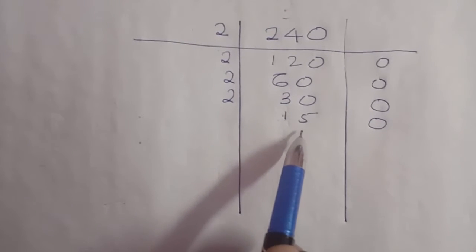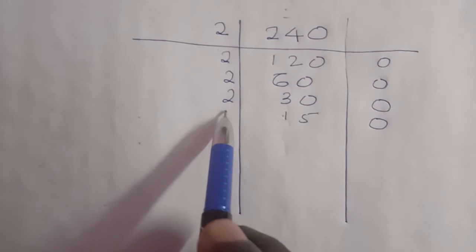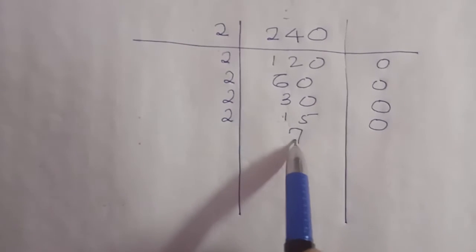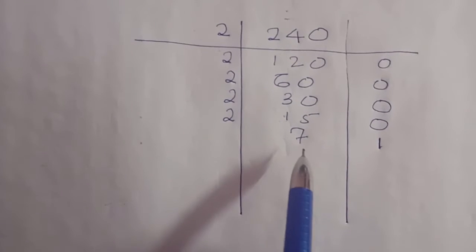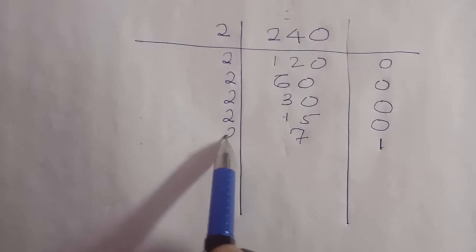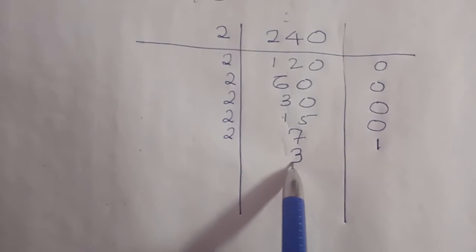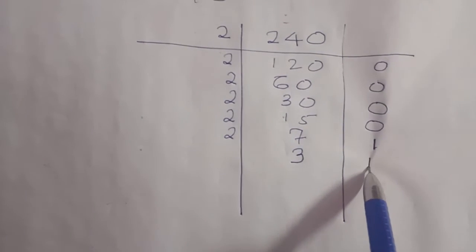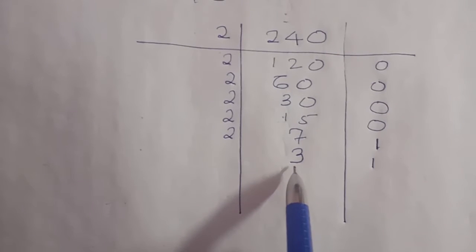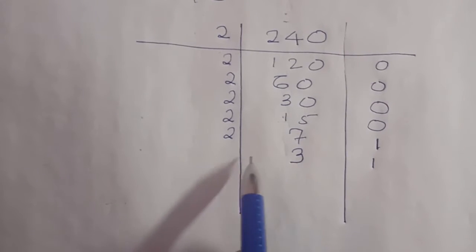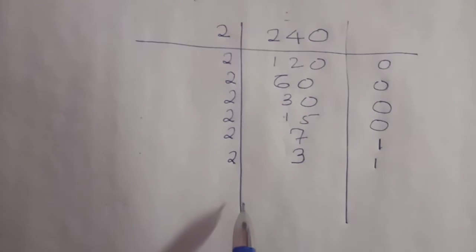Then take 15 divided by 2. You get 7 with remainder 1. Then take 7 divided by 2. You get 3 with remainder 1. Then take 3 divided by 2.